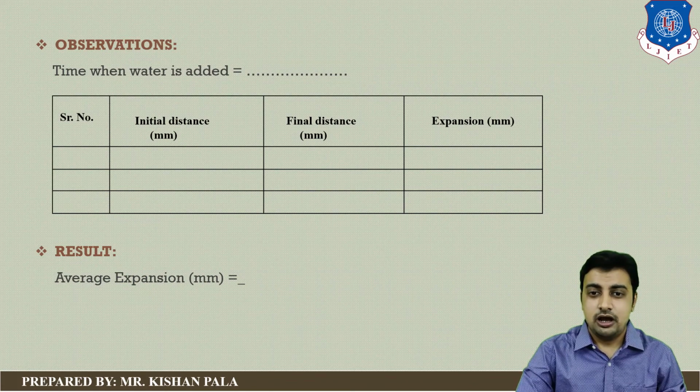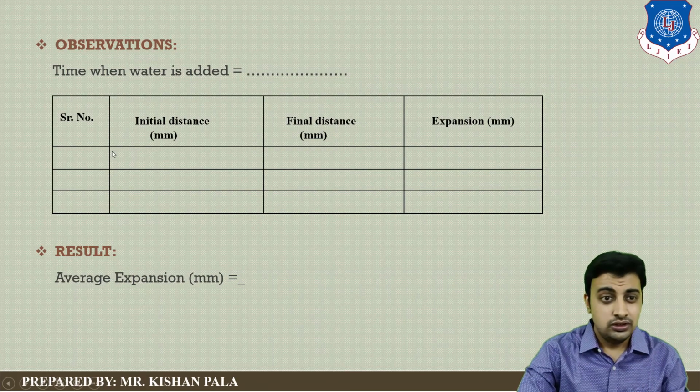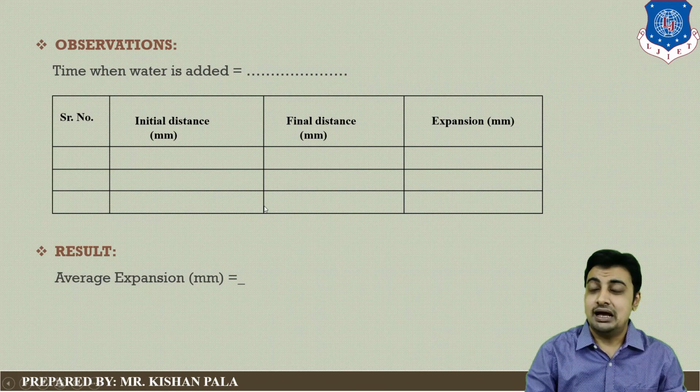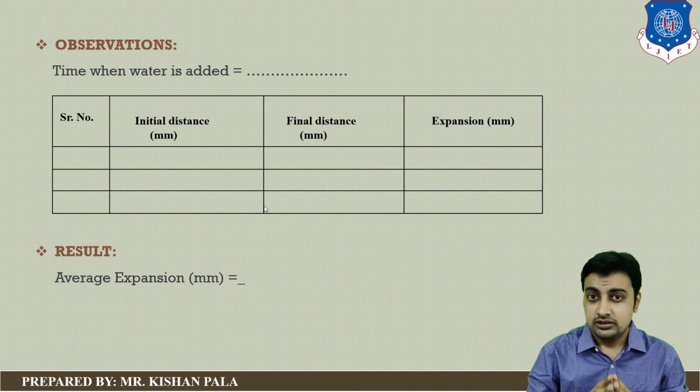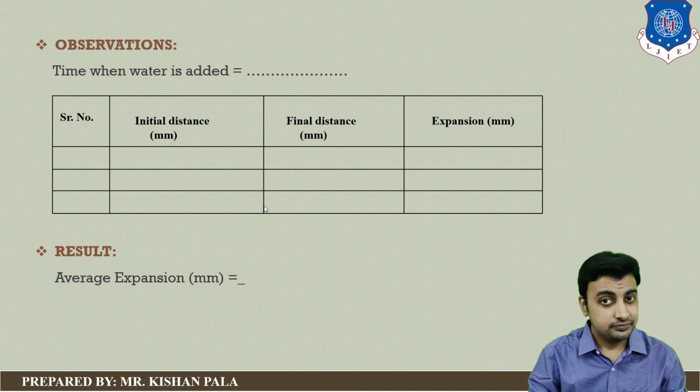It means our expansion value is 5 mm, which is an acceptable value. So this is all about the soundness of the cement. This soundness value should not be greater than 10 mm. Thank you.